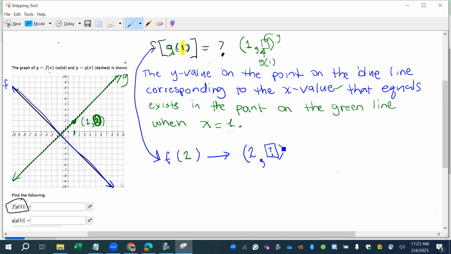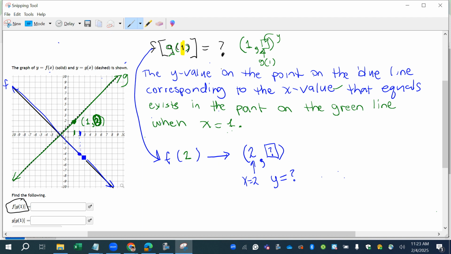So I go over to my blue function, I look for the x value of 2 so that I can use it to identify the y value. So here is my x value of 2 on the x-axis. And I'm working my way over to the blue line now.